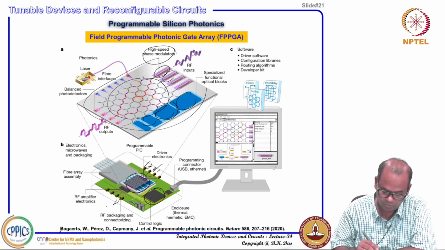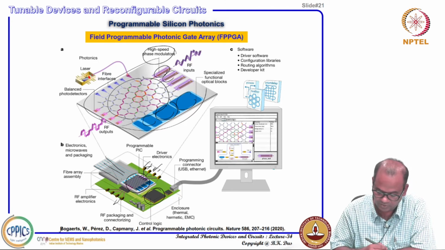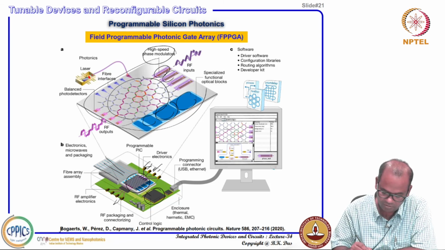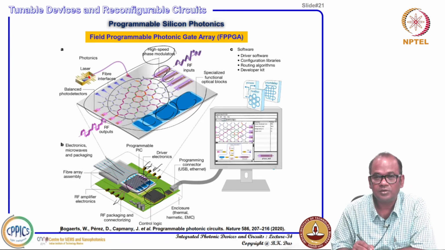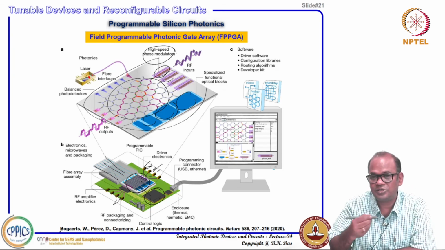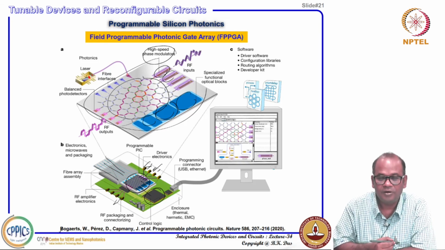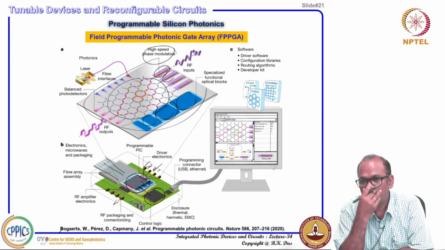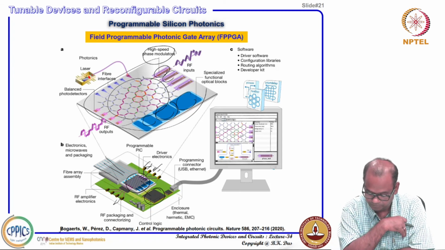So, both sides have input and output RF signals, and optical signals can come here, these are the optical lines, and you can interface that with a computer. So, your driver electronics can be programmed, and according to the program, signals will go to individual TBUs, and you can route your signals, change amplitude and phase according to your requirement, and then you get particular functionalities for different applications.